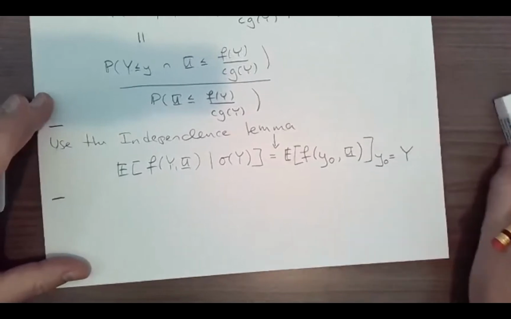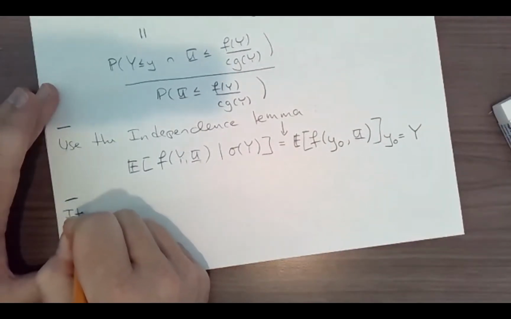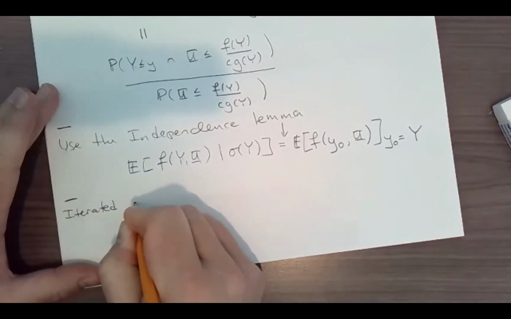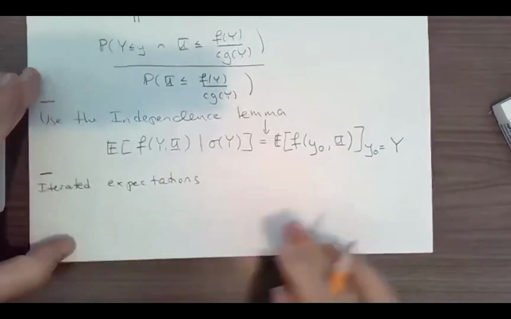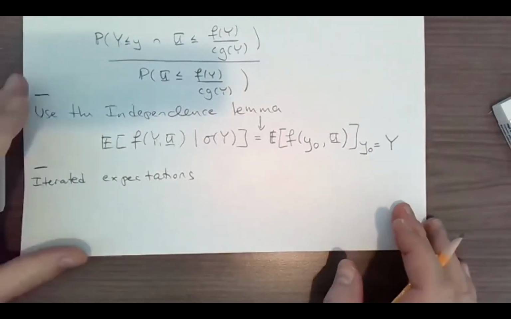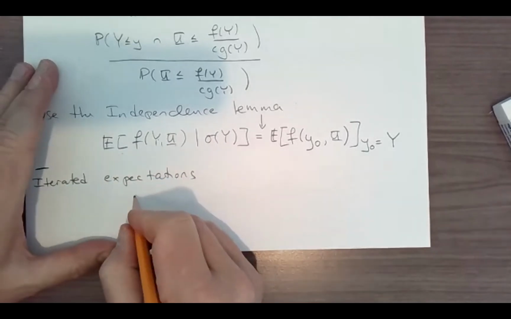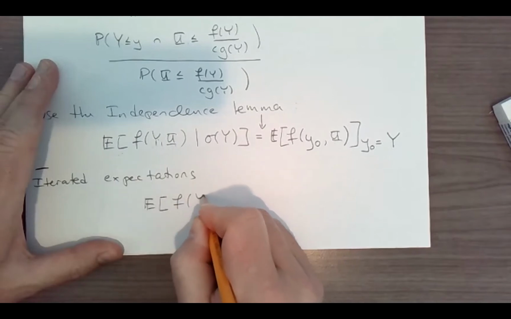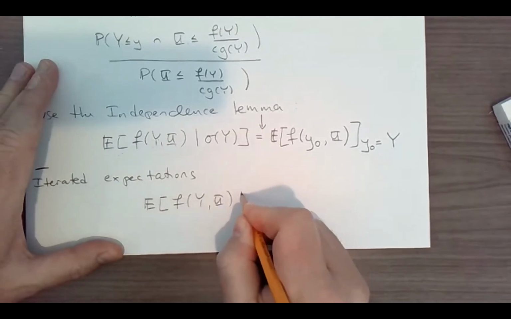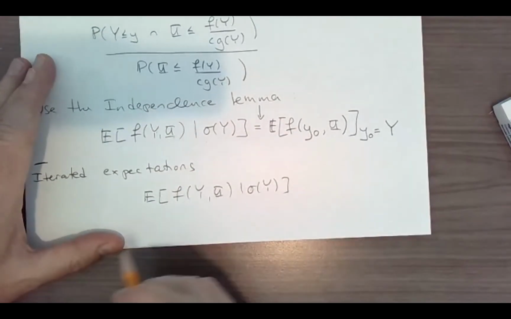We're also going to use iterated expectations. That's the other step. So if I have my conditional expectation, let me just use the same thing as above. If I compute the expectation, right, that's my conditional expectation.